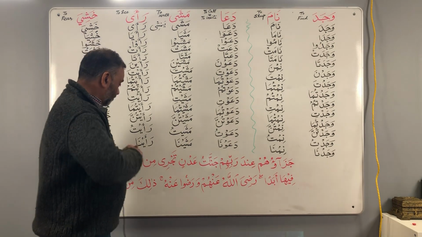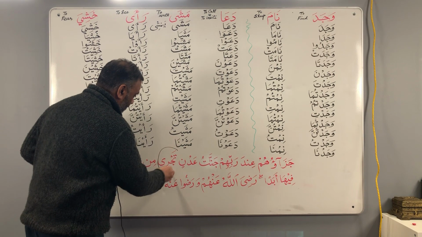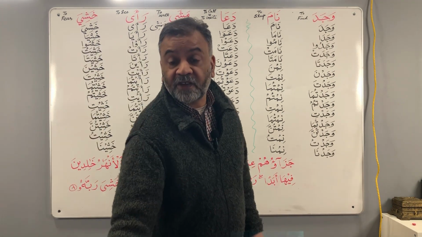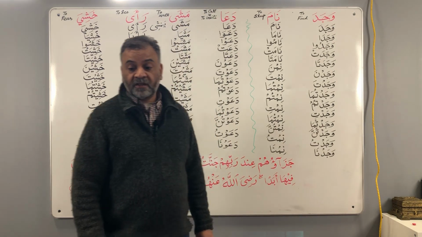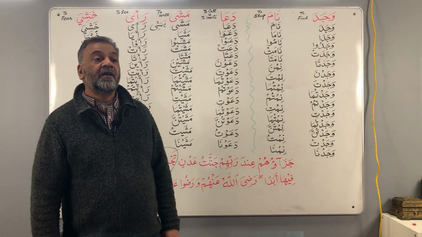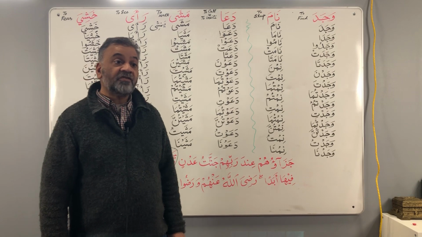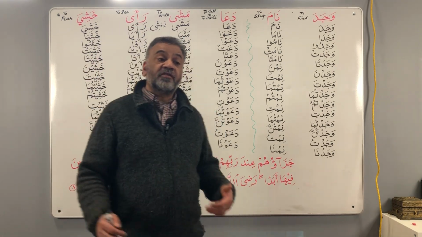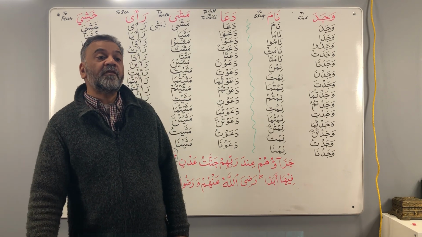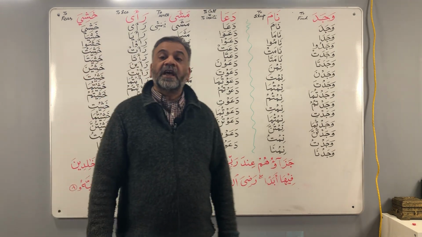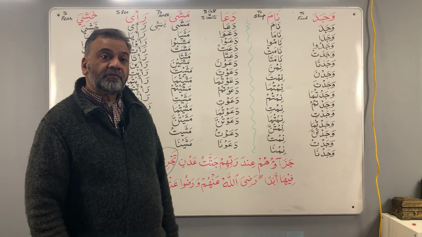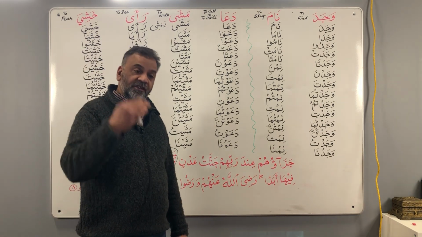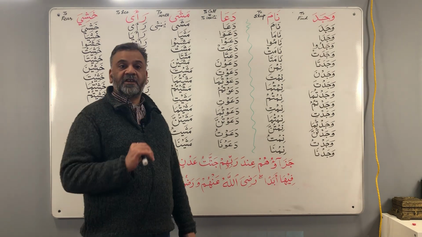Tajri. Jara means to run, and when I move it into mudare form, it will be yajri, and then the five in your pocket: yajri, tajri, ajri, najri, right?